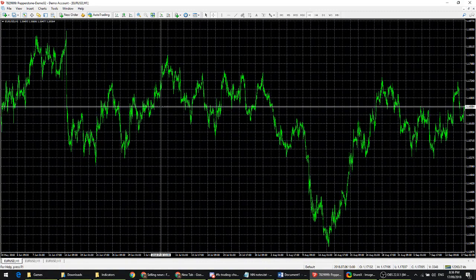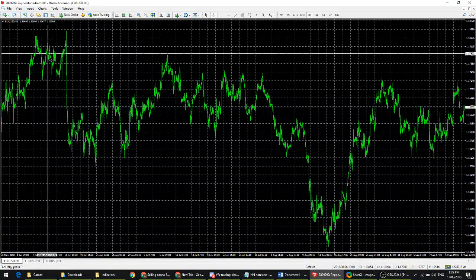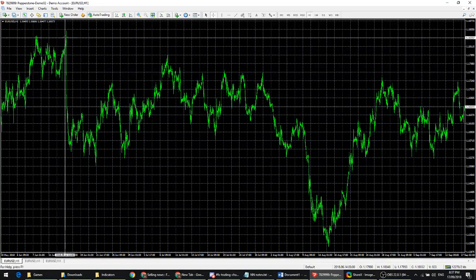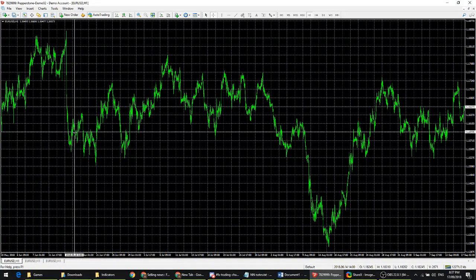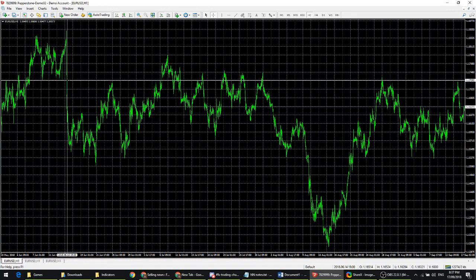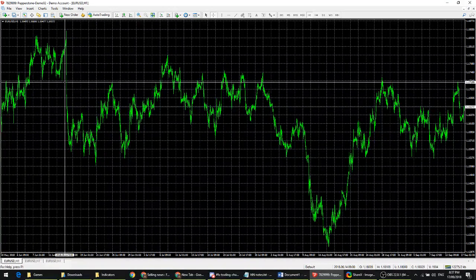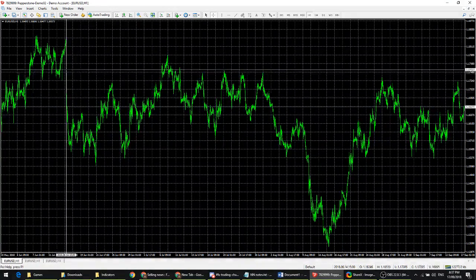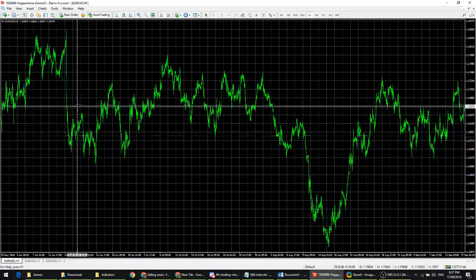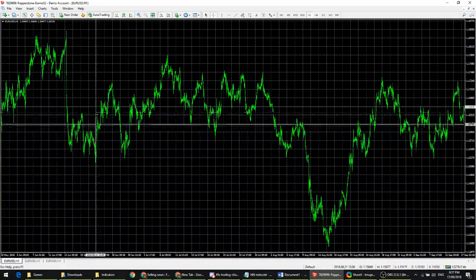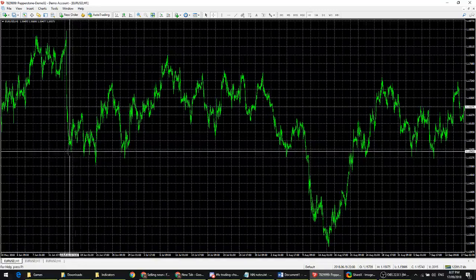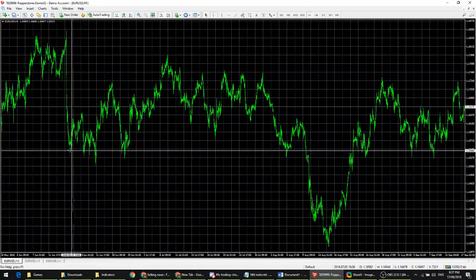So what we're looking at is the bounces. So it went up, it bounced, came down, it bounced up, bounced up, bounced, and then the support was broken. So the support means the bottom part of this range was broken. And then it bounced around here, and we can see that down here is support.